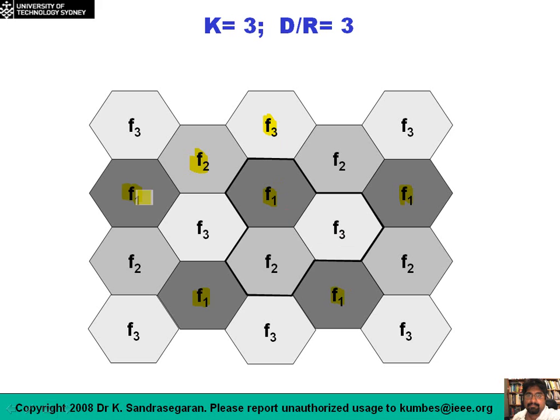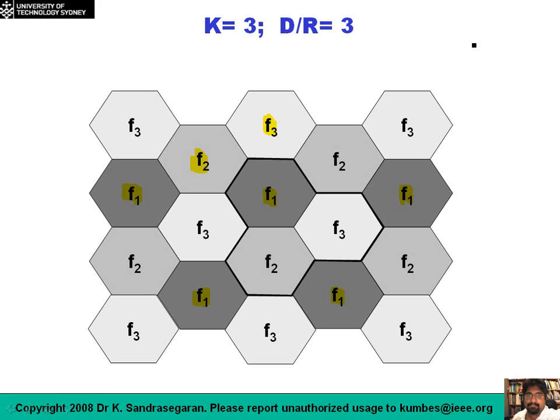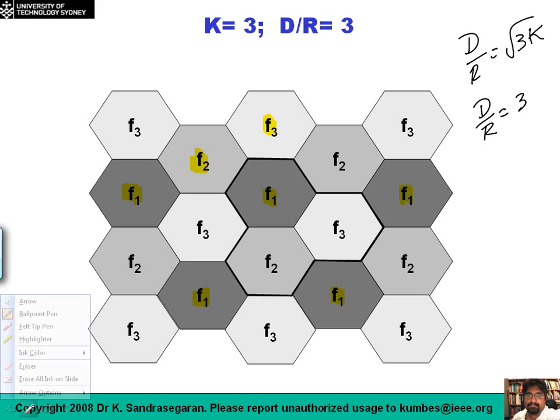Now in this particular case, remember that equation I showed you earlier, D over R equals square root of 3K. In this case, K is equal to 3. So D over R equals 3.